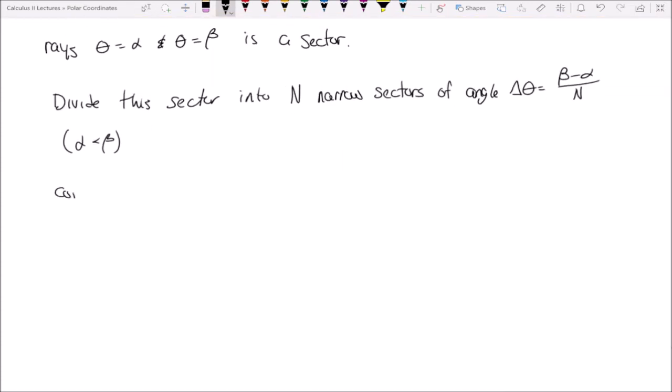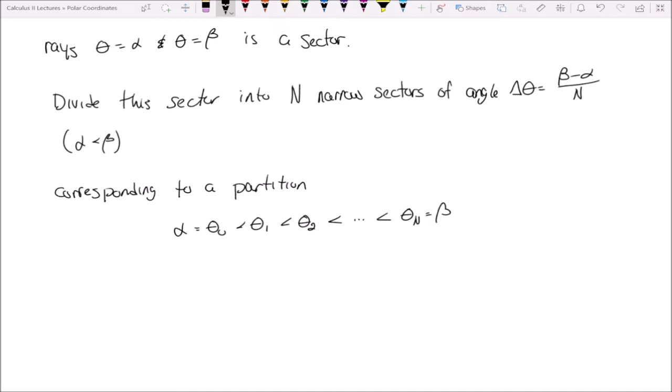And this is, of course, corresponding to a partition. Alpha equals theta naught, which is less than theta 1, which is less than theta 2, and so on and so forth, which is less than theta n, which is beta.